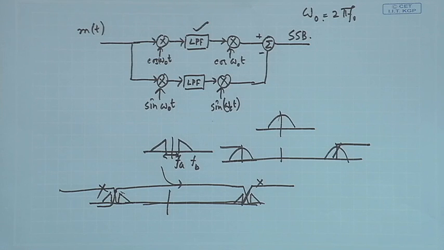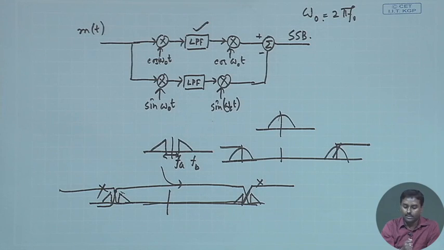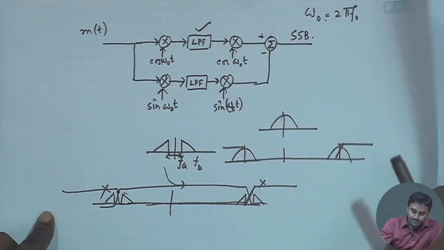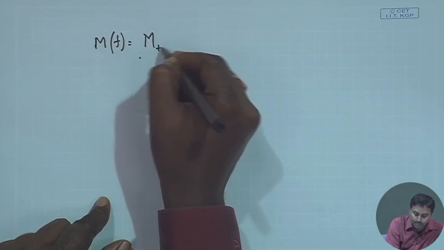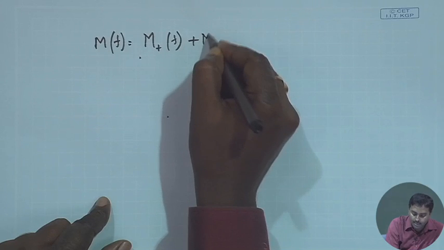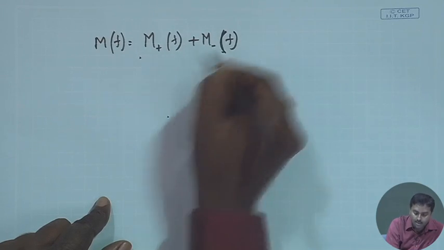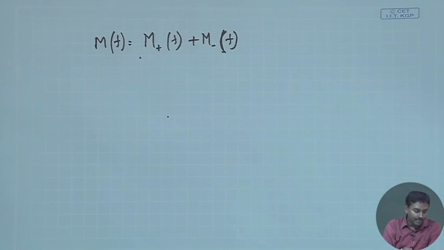that was his circuit. So, basically what we do, we take the m(t) in the upper arm, and we multiply it with cos omega 0 t, or cos 2 pi f0 t, right. The f0 value we already know now, fa plus fb by 2. So, m(t), or equivalently M(f), can be written as M plus f plus M minus f, that is the upper sideband and lower sideband, right.